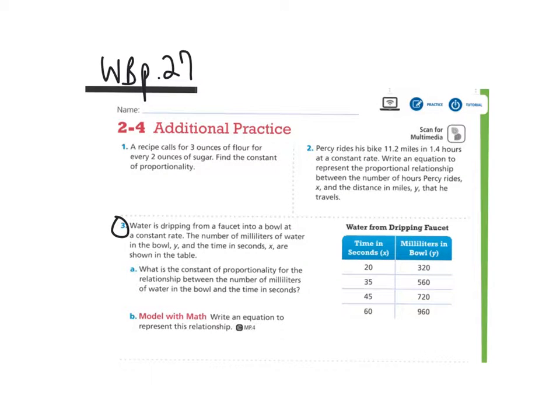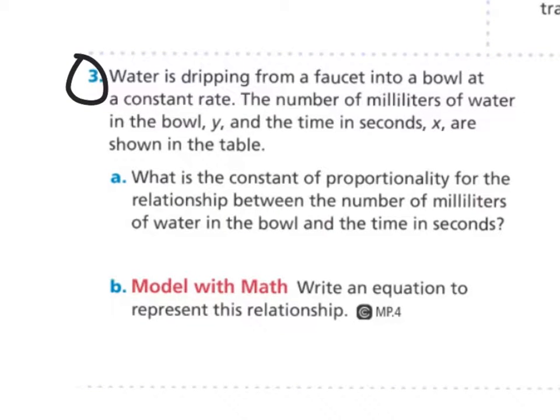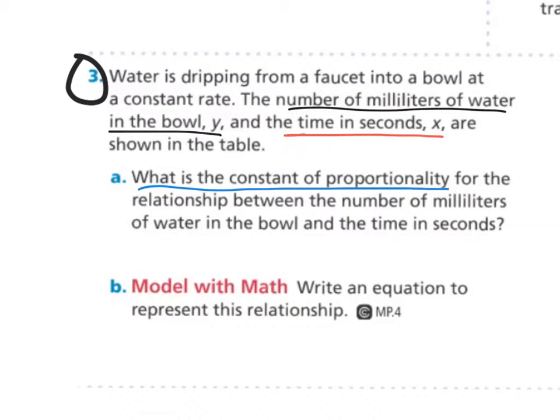So we're going to look at a few problems here on workbook page 27, starting with number 3. Water is dripping from a faucet into a bowl at a constant rate. Number of milliliters of water in the bowl, y, and the time in seconds, x, are shown in the table. What is the constant of proportionality for the relationship?